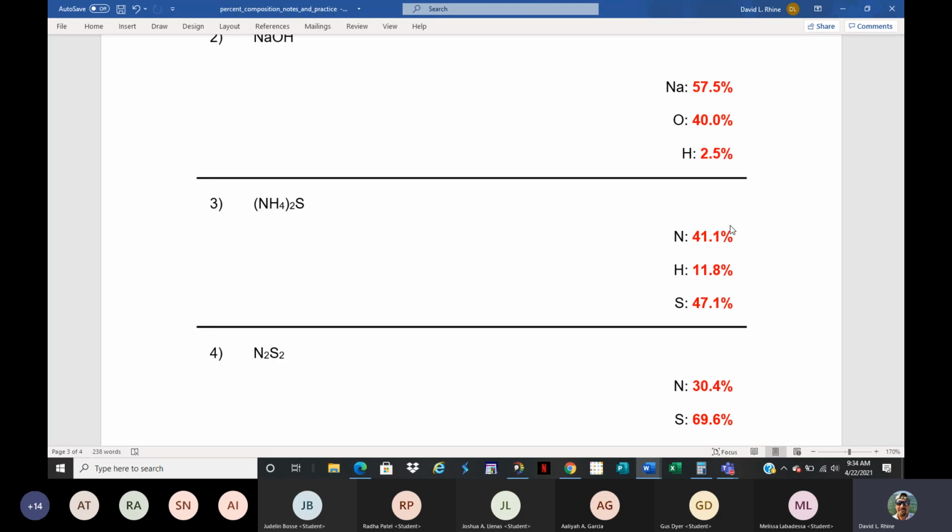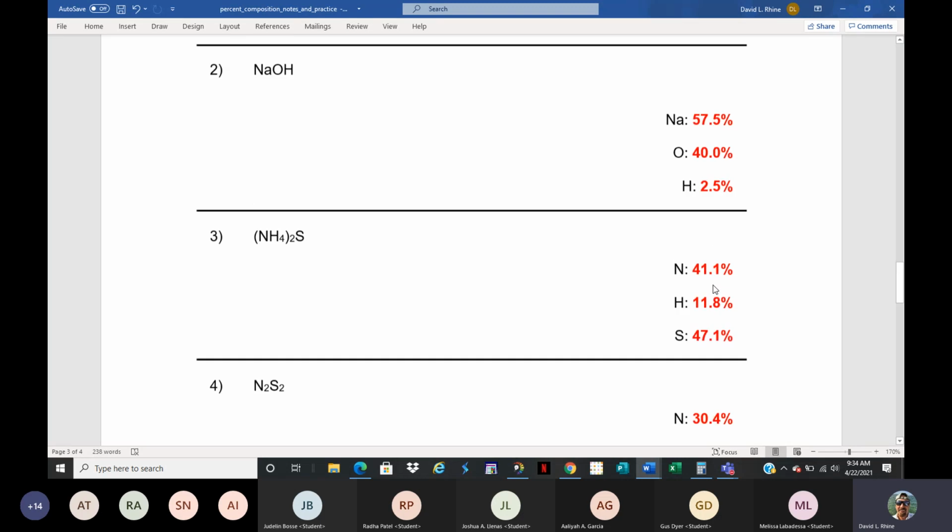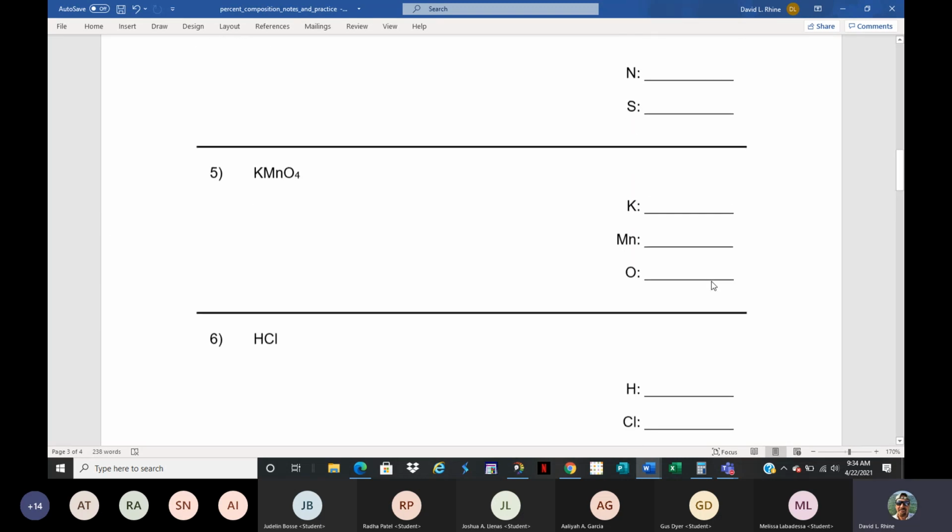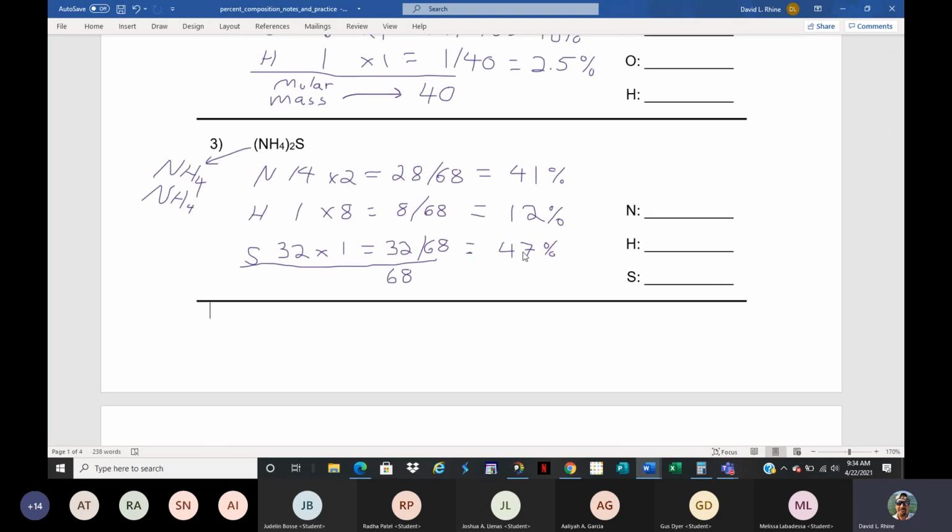These answers are slightly different, but generally the same thing. So don't have a panic attack if your answers aren't exactly like these, as long as you're real close. I think we'd agree this is real close. As long as you're real close and you're real close to 100 when you add them up, don't panic. You're doing just fine. Okay?